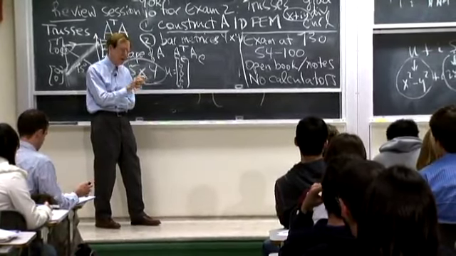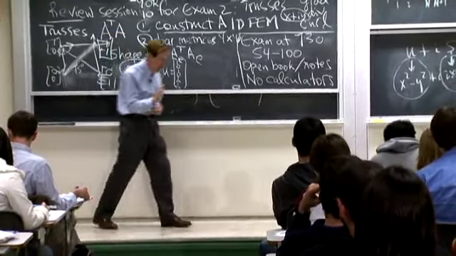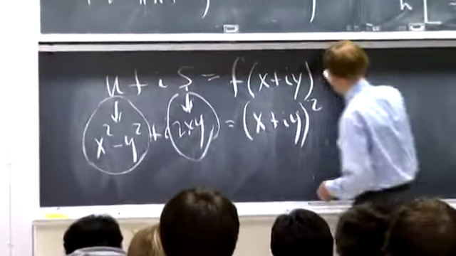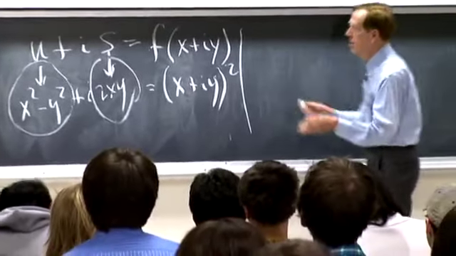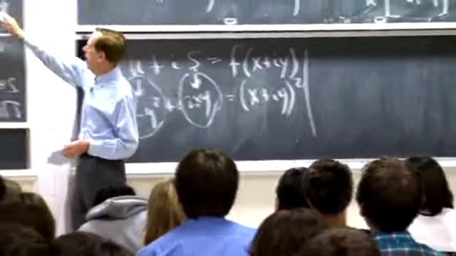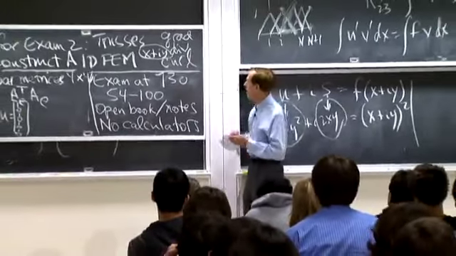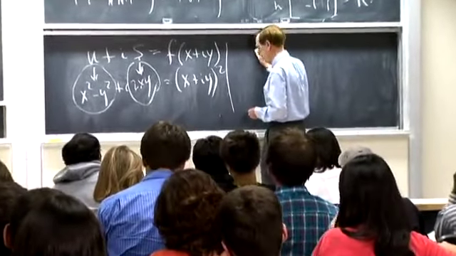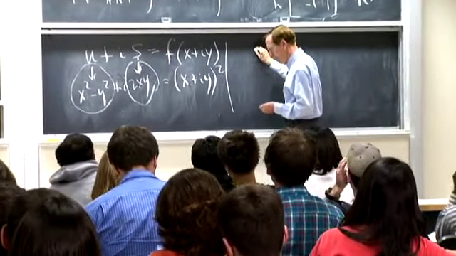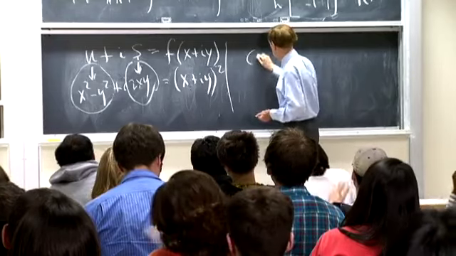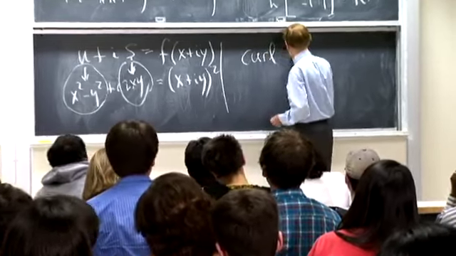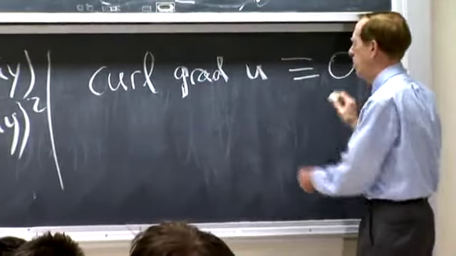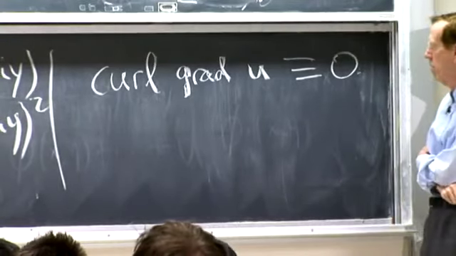But we did see in 2 dimensions the key fact. Let me write down what the great connections are between these, because I can't let the whole semester go without writing down the curl of a gradient. The curl of any gradient of u is always 0, whatever u is.